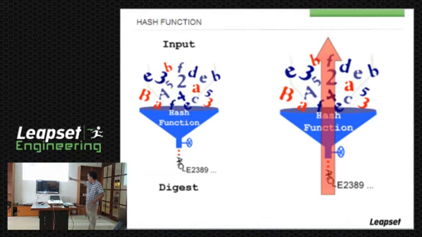Starting from the digest, there is no way that you can calculate the original data set that was used to compute the digest. That's the nature of hash. It only goes one way. There is no function to reverse.